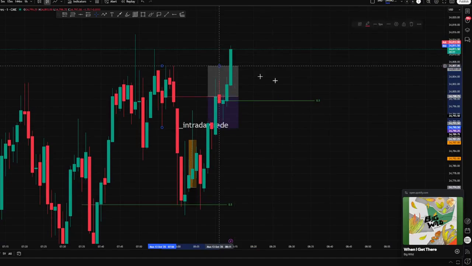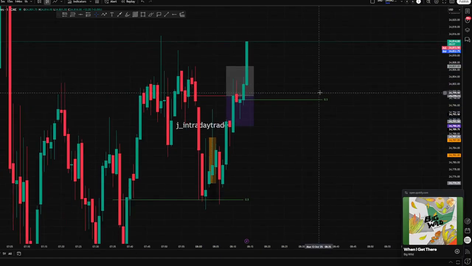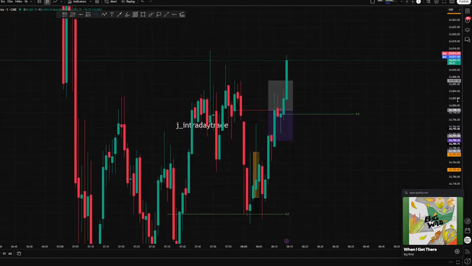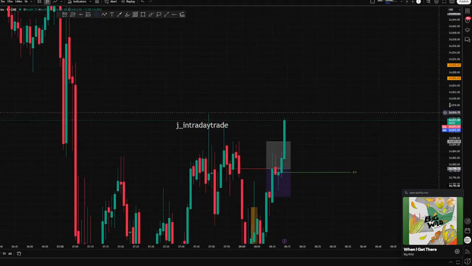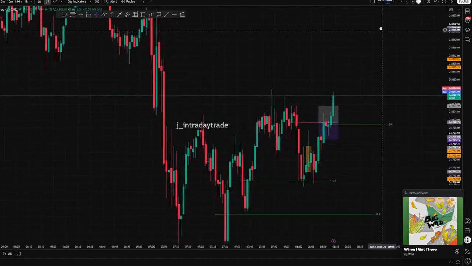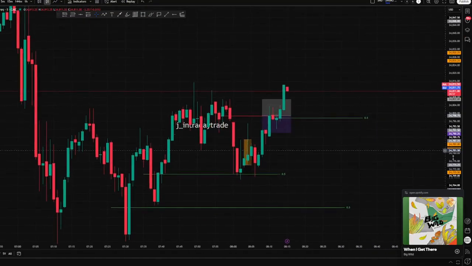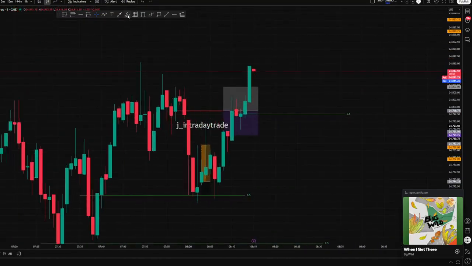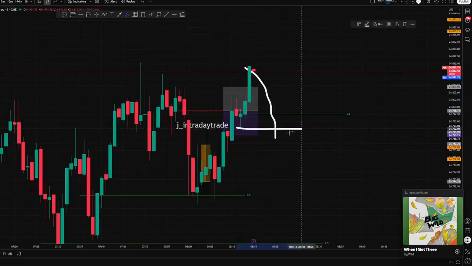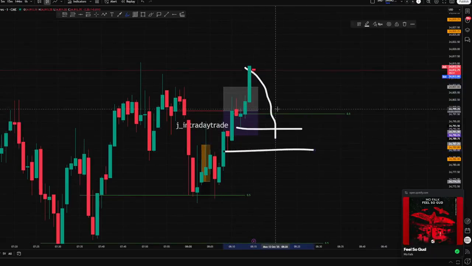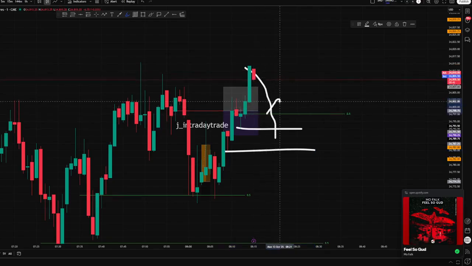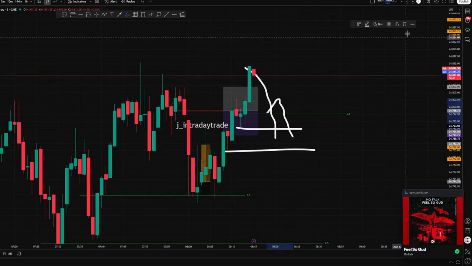Let me actually put this here. Dude, I would have been cooked on that. Watching out, it could also move down into this level here. So it could probably bounce around in here, get some quick move here, and then move down here.